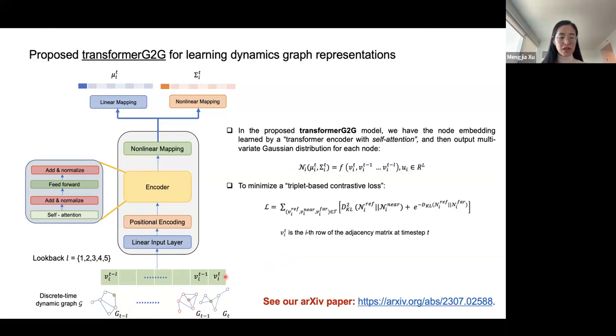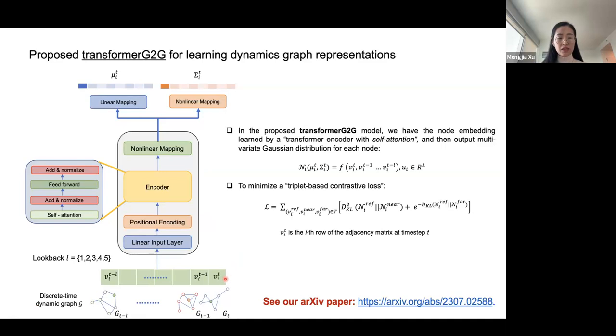node embeddings. So how do we do that? In the graph, we have v_i. For each graph node v_i, we have temporal node attributes. We also focus on a discrete-time dynamic graph G here. And we input to the transformer encoder. We only use the encoder part in our work.